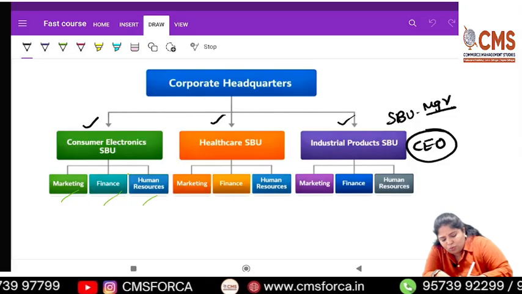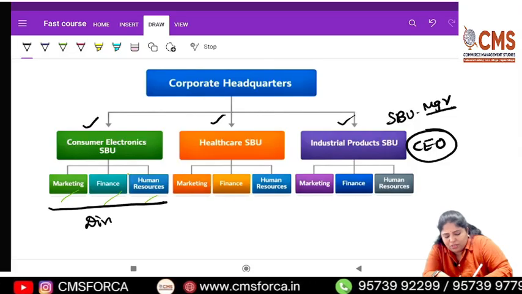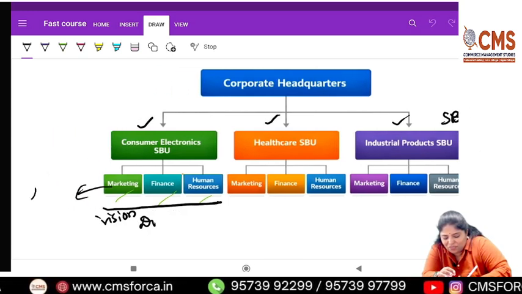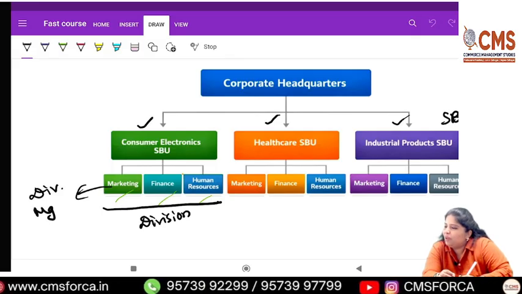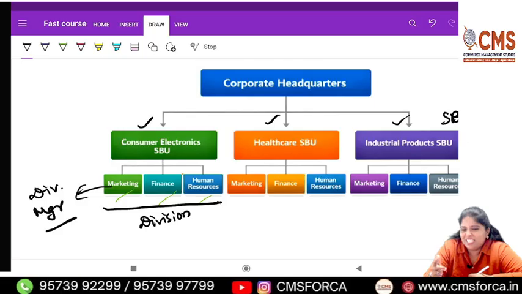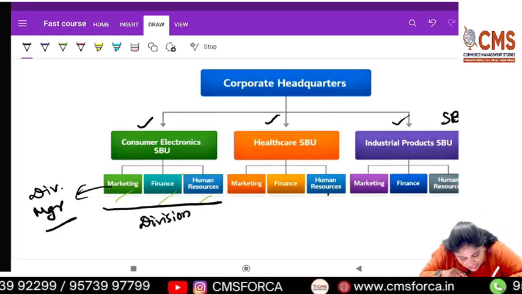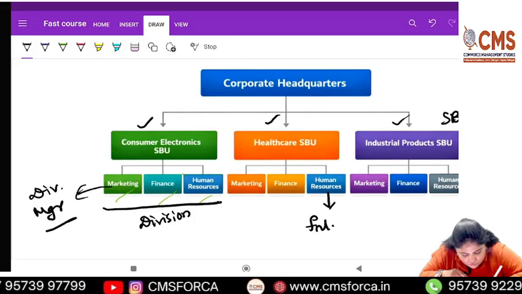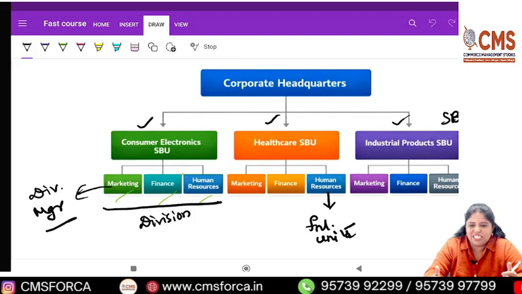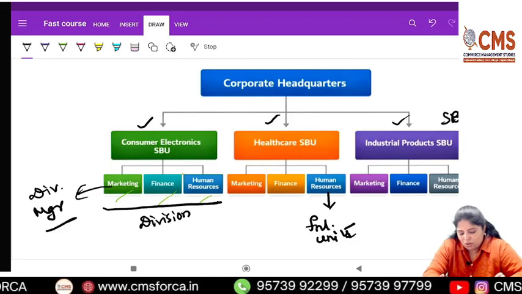Under SBU, we have multiple divisions. Each division can have its own divisional manager. Clear? What you don't see here is that under each division we have multiple functions. Clear with this structure now? Hope it's clear.